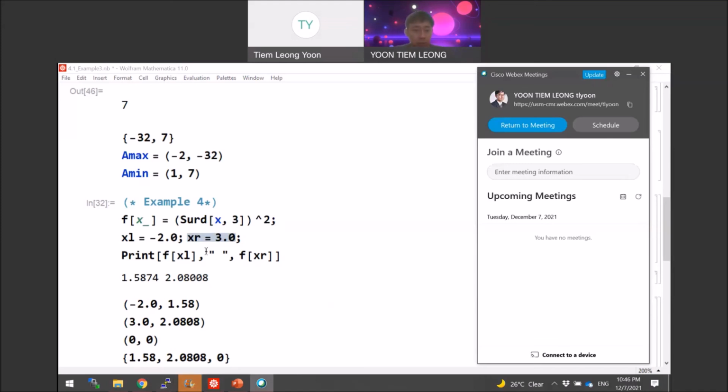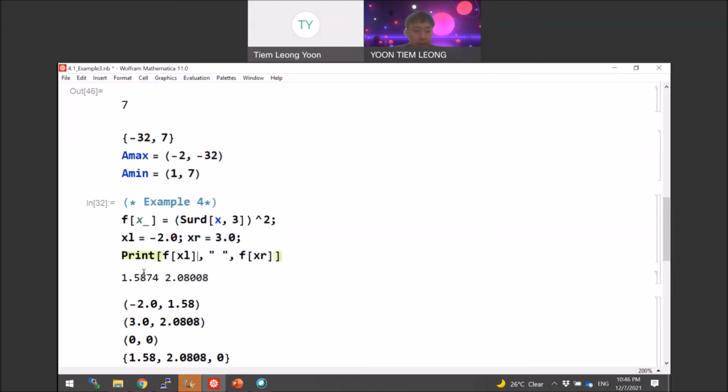Then you press the Mathematica, and you get 1.58 and 2.08. This is the value of the function when x equals -2, and this is the value of the function when x equals 3.